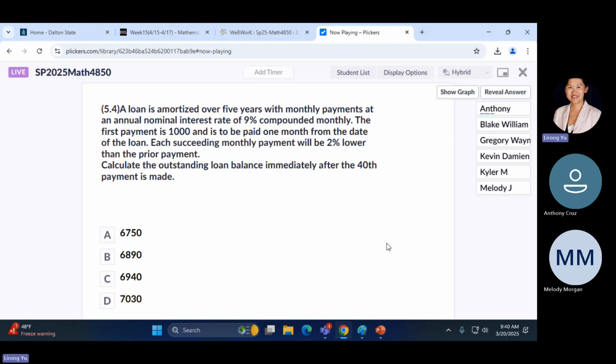After the 40th payment, the outstanding balance can be calculated in two ways. You either calculate the present value of all the future payments, or, if you look at the retrospective view, it should be the loan that we borrowed minus all the payments already made.